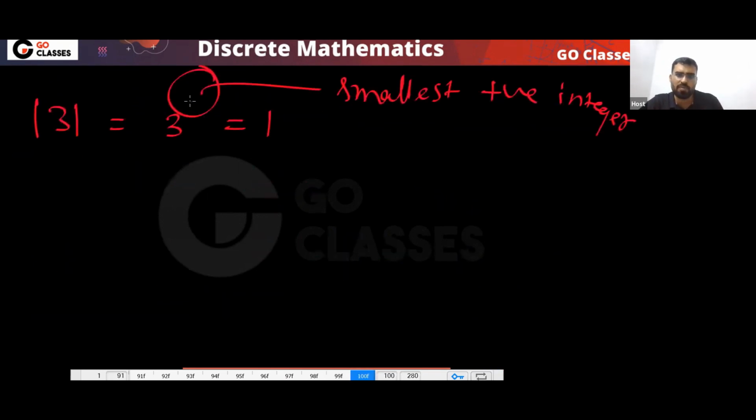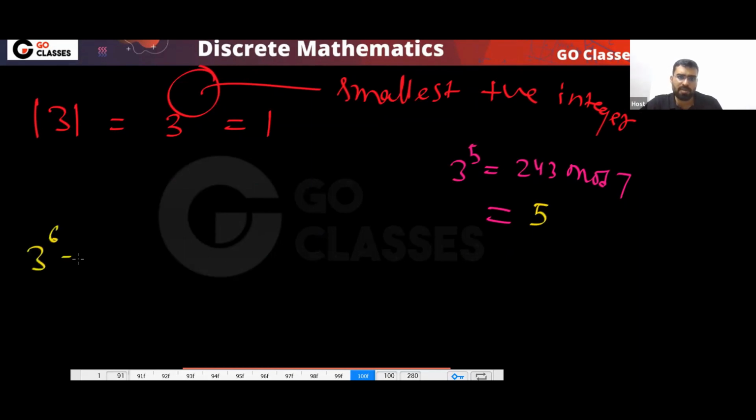So 3 power 1, 3 power 2, 3 power 3, 3 power 4, 3 power 5. So what is 3 power 5? 3 power 5 is this mod 7. You also have to take mod 7. Don't forget to take mod 7. So if you take mod 7, what do you get? Okay, so we will get 5.